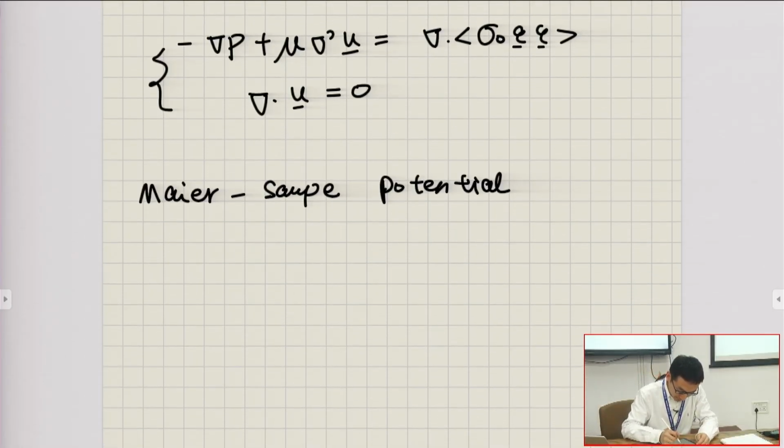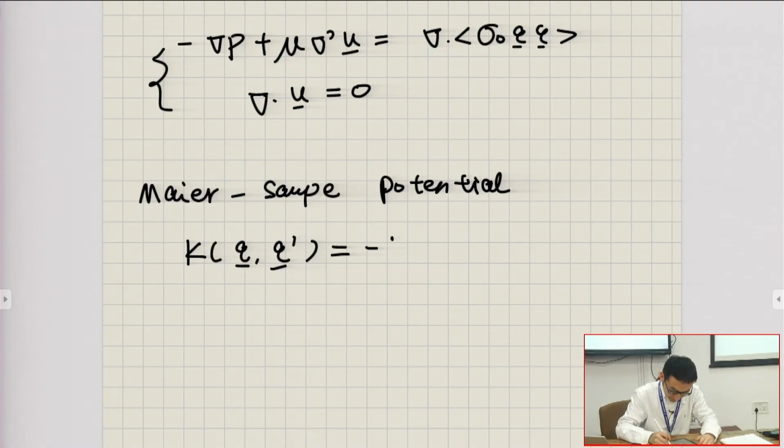This depends on a pair of particles and their orientation, right? We want them to align with each other, so we can write it in this way. This constant, U0, is essentially the strength of this interaction.